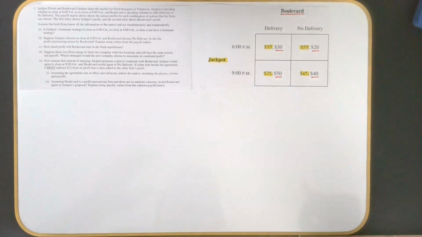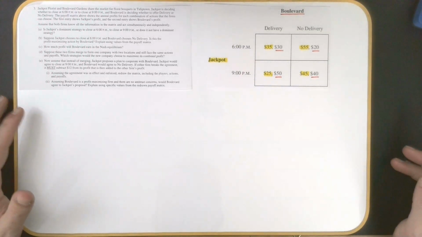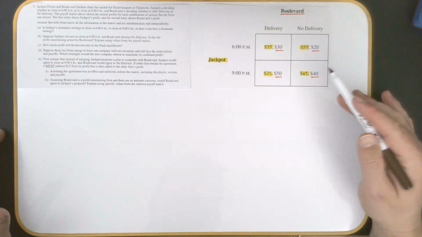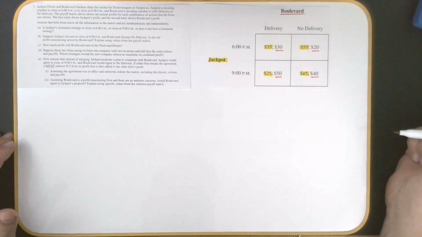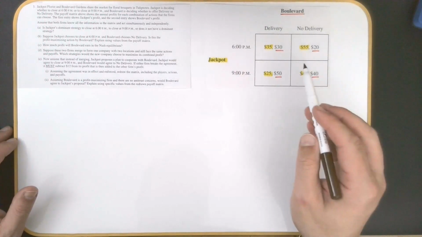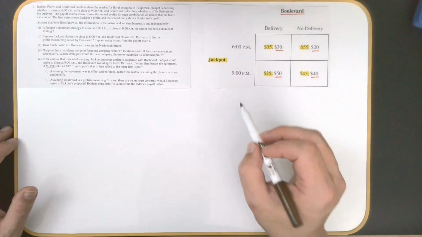So the first thing to do is let's figure out if there's any dominant strategies going on. If you want to know if one of these has a dominant strategy, you force the other one to make a decision. So let's figure out if Boulevard has a dominant strategy. So we'll force Jackpot to make a decision.